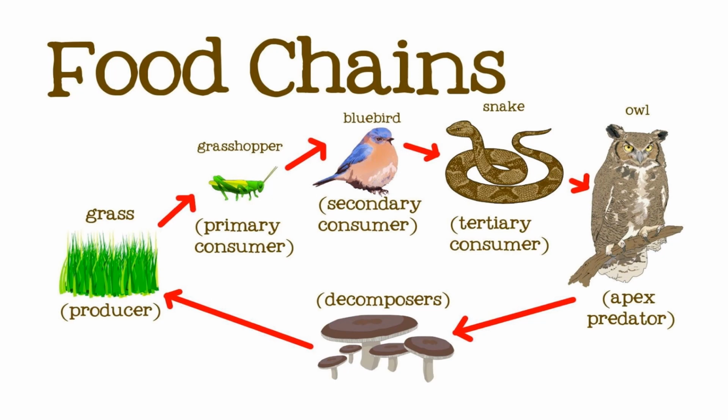The bluebird is eaten by the snake, and the snake is the tertiary consumer. The snake is eaten by an owl, and the owl is a predator. And then the predator dies and is broken down by decomposers, and then again the chain moves towards producers.